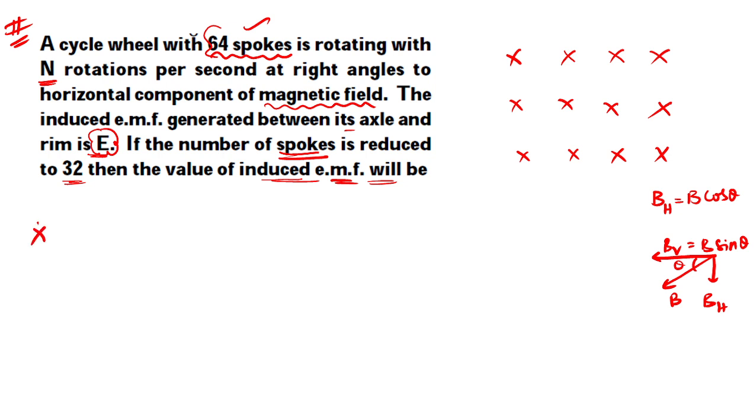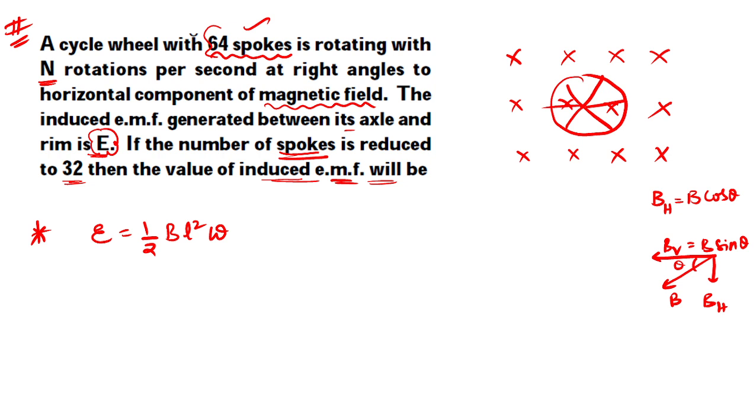So we know the formula of induced EMF. It is half into B into, for a cycle tire with spokes, L square into omega. Yes or no? So what do we know?